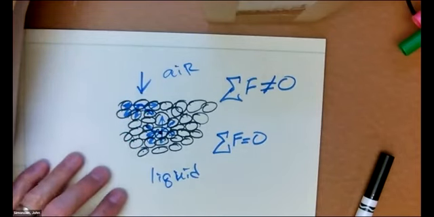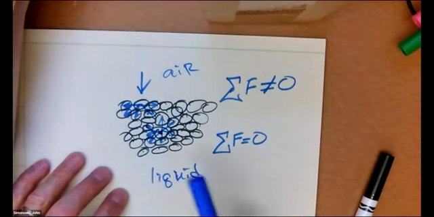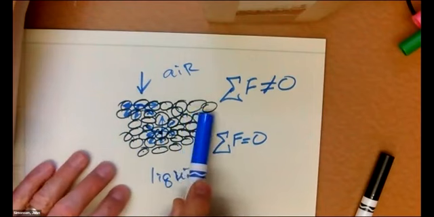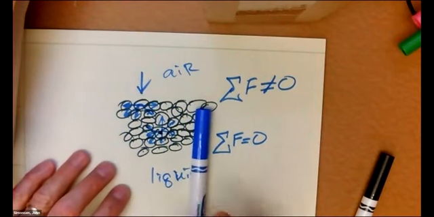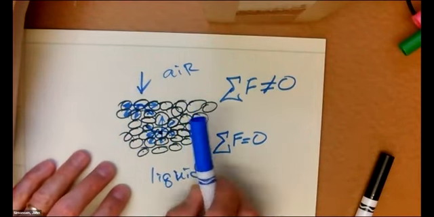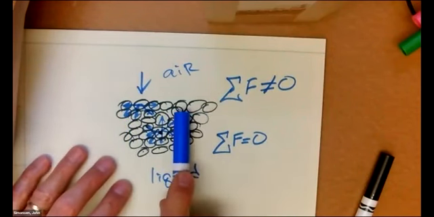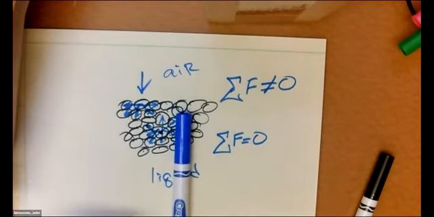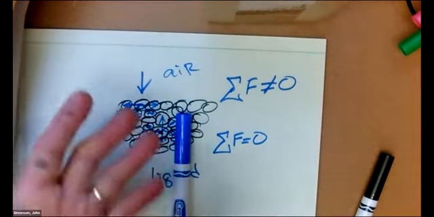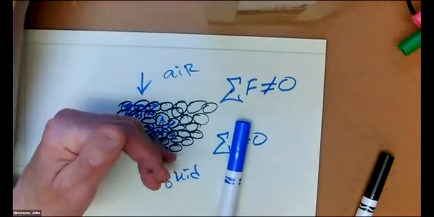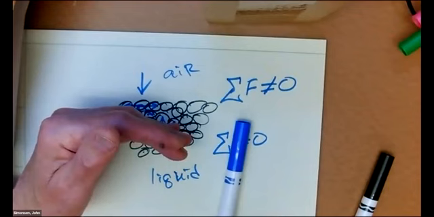People have done experiments, and they have shown that the density on the surface is a little bit greater than it is in the bulk, right? Because the molecules at the surface are pressing down on the molecules underneath, so you get a higher density.